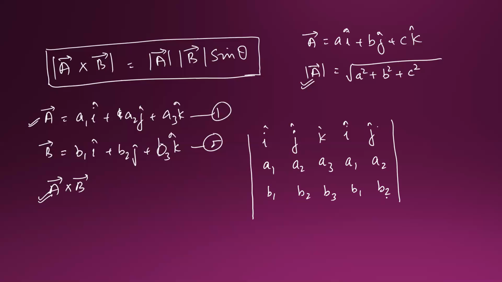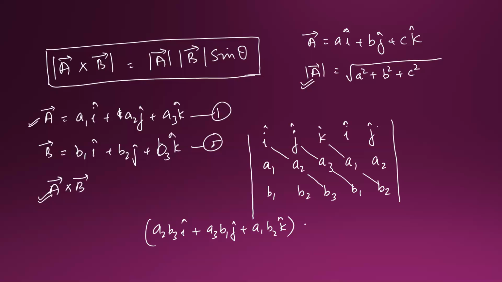Now what you have to do is you have to just cross those vectors in this manner and just write these values, just multiply these vectors. So it will be a2 b3 i cap plus a3 b1 j cap plus a1 b2 k cap.